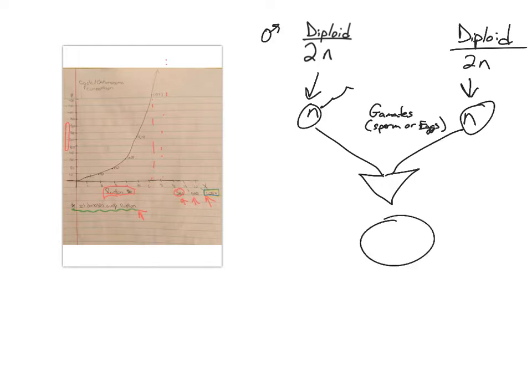An n plus an n, two n's come together to make a 2n. So you started with 2n, and you ended with 2n once you combine these two different sets of genes.